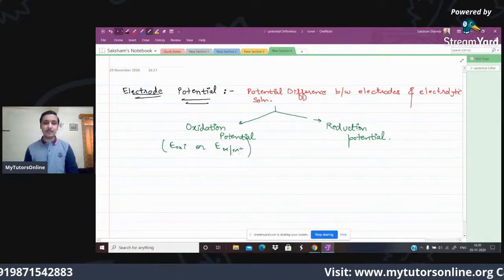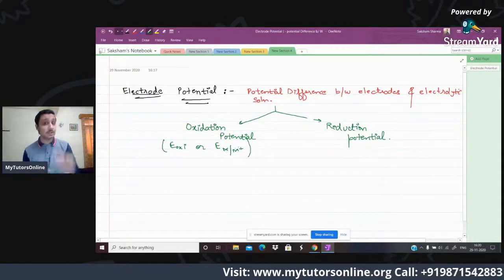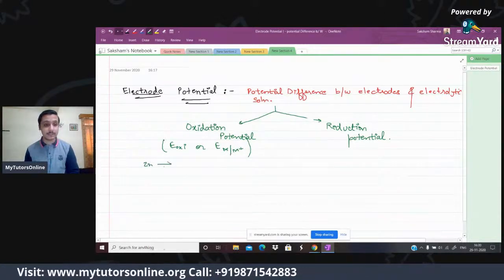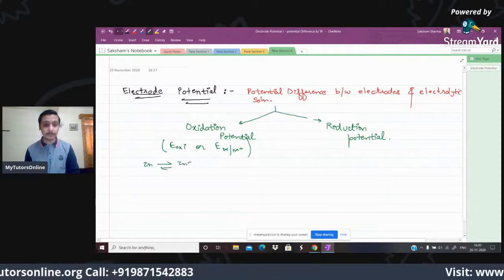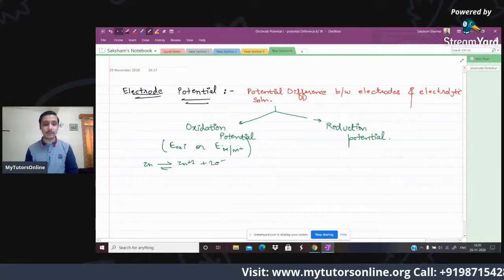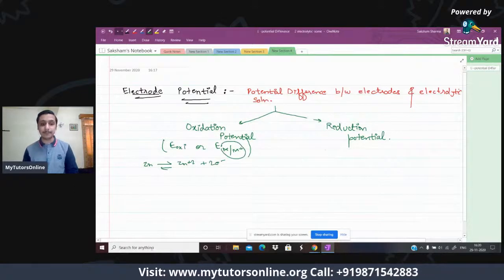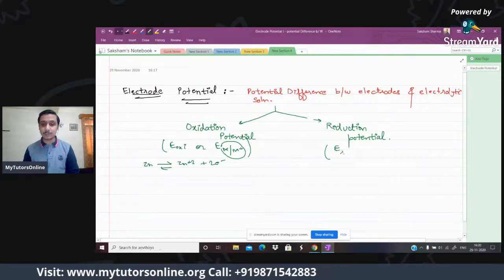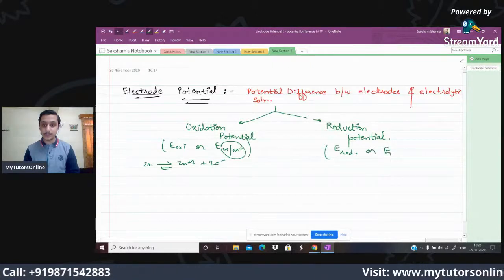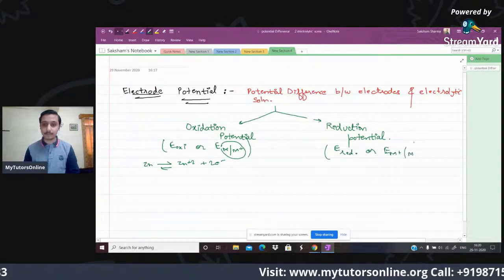Why M to M plus? Because oxidation is loss of electrons. As we saw in the case of the Daniell cell, your zinc gets converted to zinc plus 2 plus electrons. That is why we have written here M to M plus. And your reduction potential, E reduction or E M plus to M.